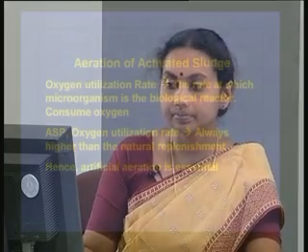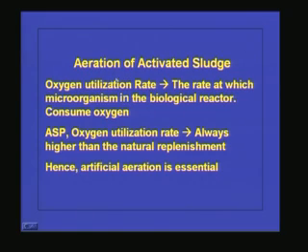We have calculated the total amount of oxygen required, that is Q into (S0 minus S), that means the flow rate multiplied by the BOD removed in the system, minus whatever is converted into the biomass.